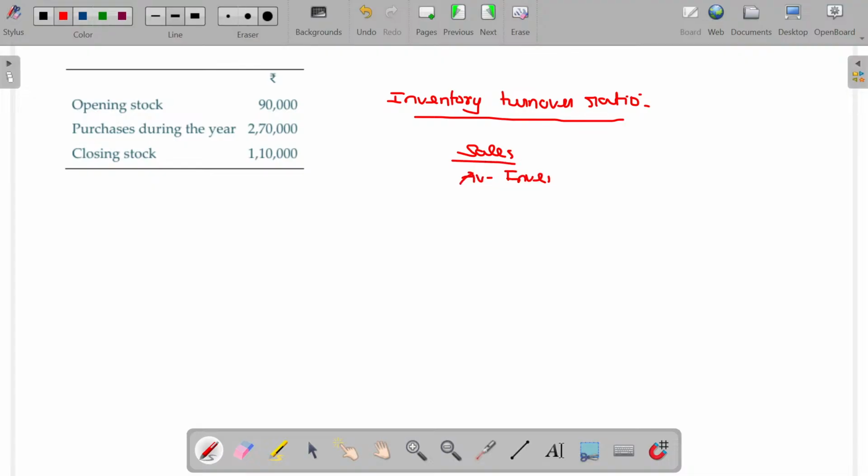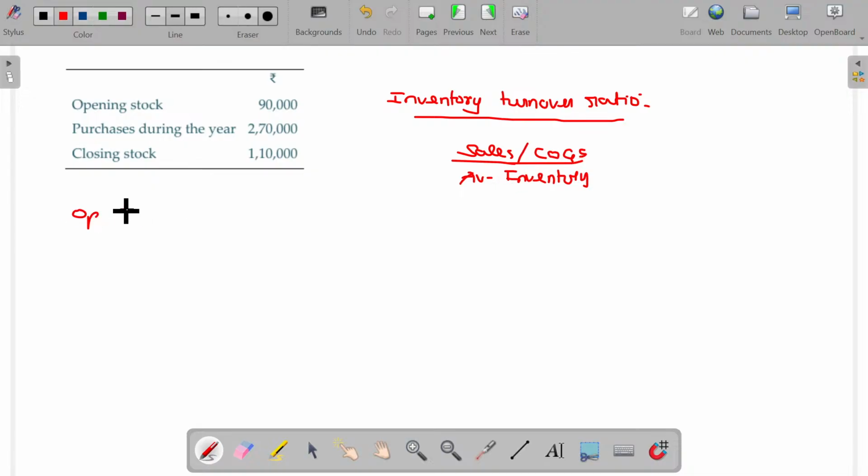If average inventory is not available, then you can take the closing inventory. Here we have been given sales or cost of goods sold or purchases.